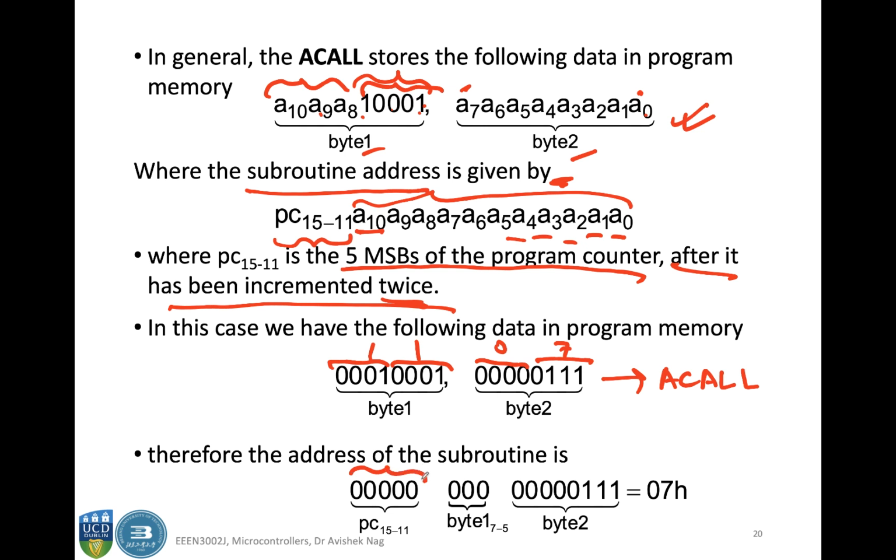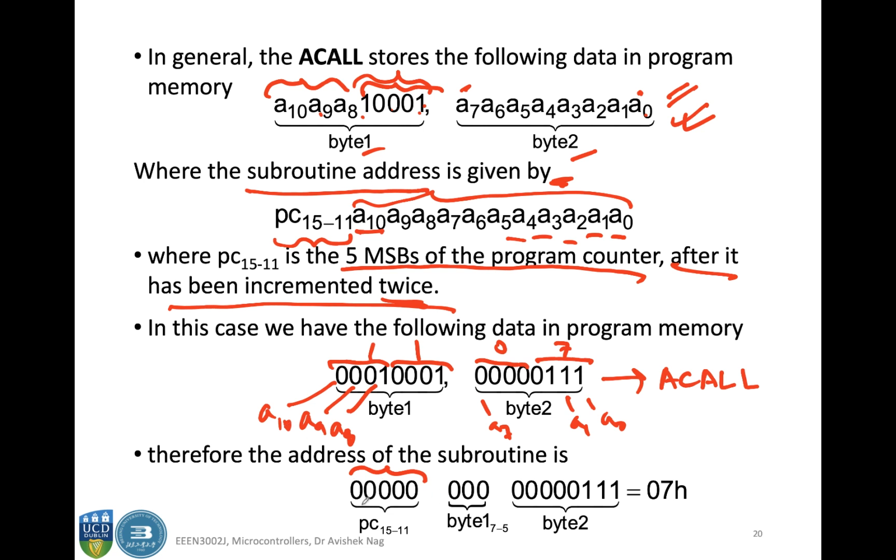So this is your program counter 11 to 15, and if you take all the other bits from your ACALL, your ACALL is like this general expression. So this is your A0, this is your A1, and so on, this is your A7. So all these will come here. And then your A8, 9, 10 is these 3. This is your A8, this is your A9, and this is your A10.